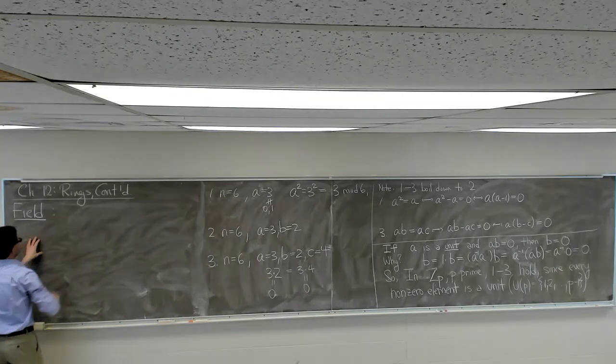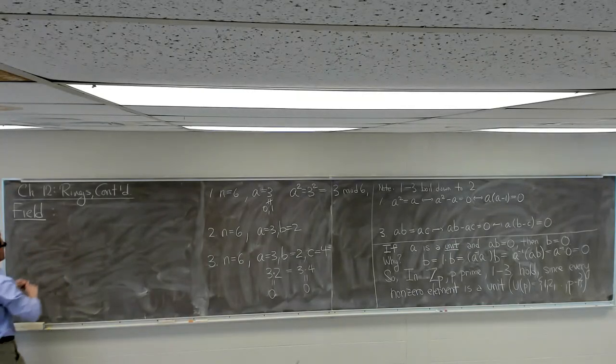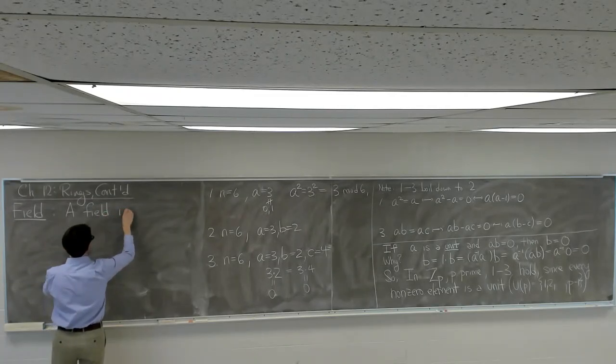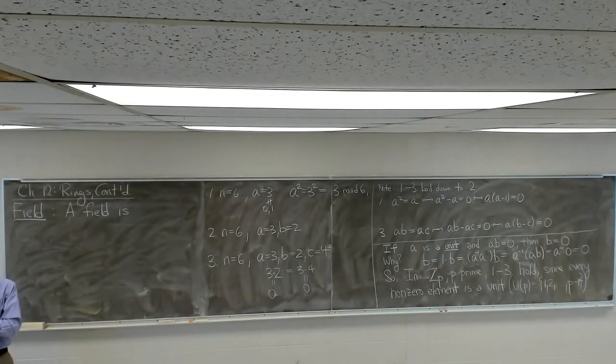All right, so a field, it's a commutative ring, so multiplication is commutative.